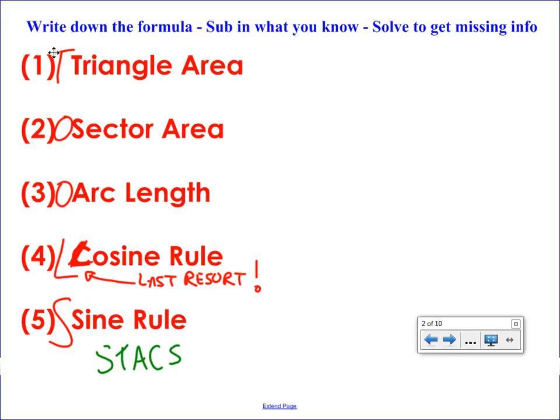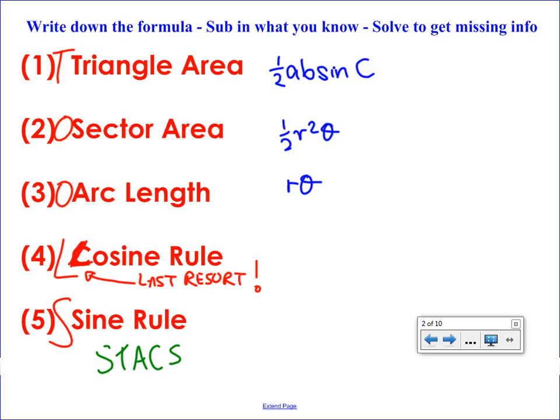So triangle area, half, AB, sine, C. Excellent. Sector area, half, so they both start with a half. And then instead of A times B, it's R times R squared, theta. Arc length, easiest formula in the world, R theta.